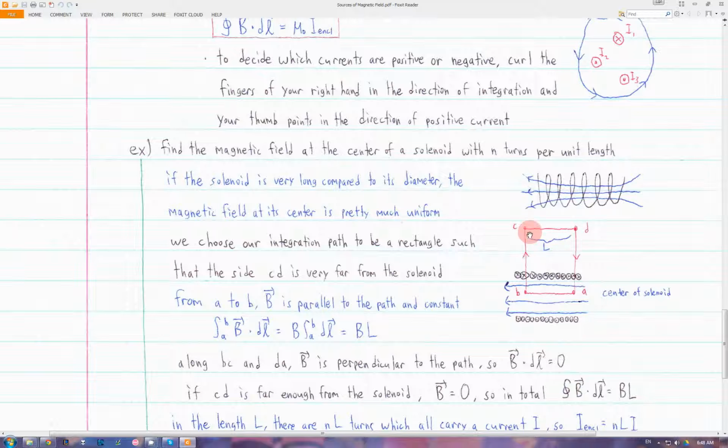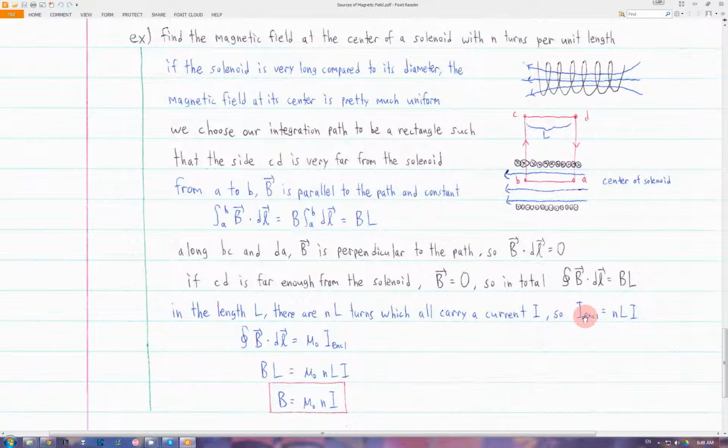From C to D, we said that the top of the rectangle is so far away from the solenoid that there is no magnetic field at this point. So of course, B dot dl is equal to 0. We find that only the bottom side of the rectangle actually matters. So in total, the integral around the closed path of B dot dl is equal to B times capital L.